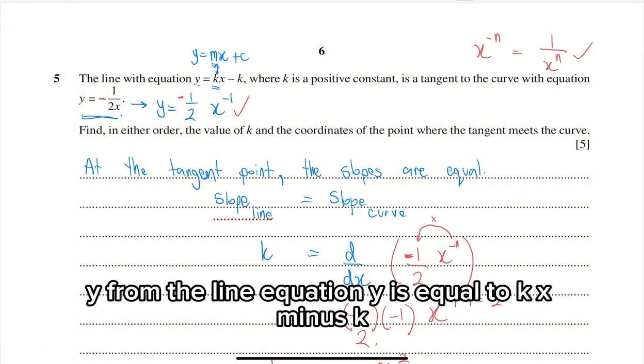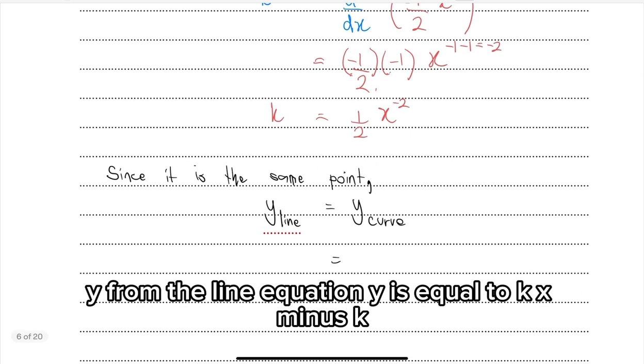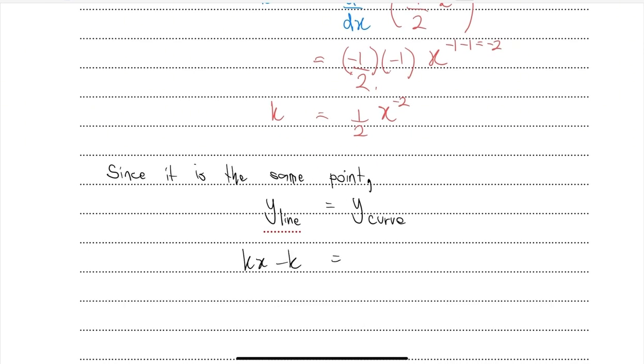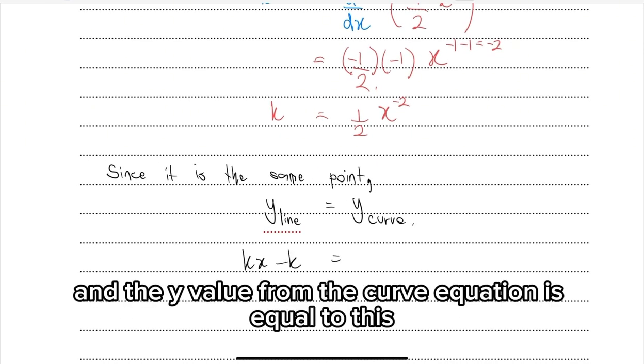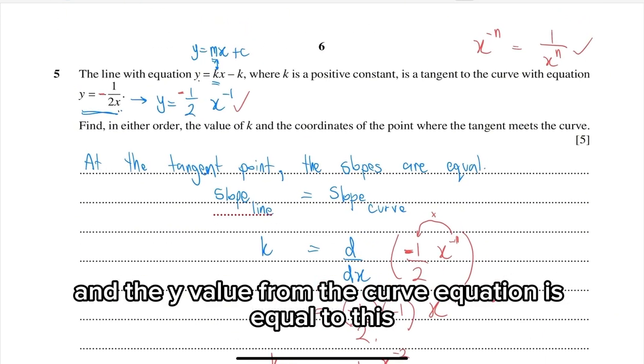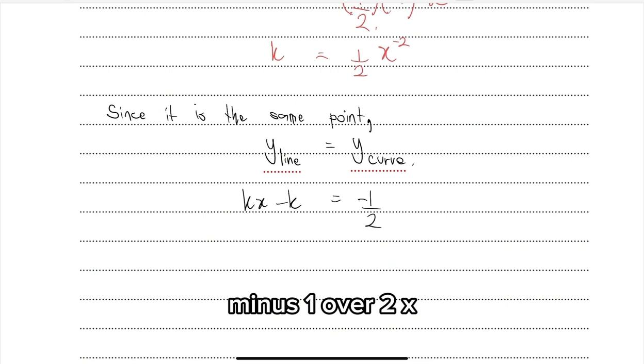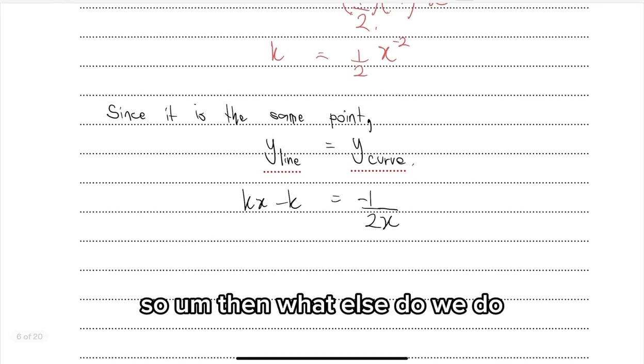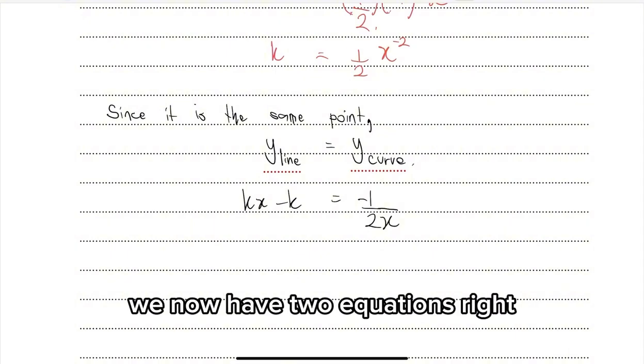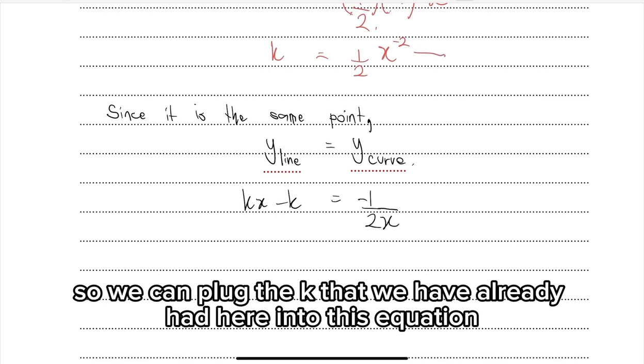Y from the line equation is y equals kx minus k. And the y value from the curve equation is equal to minus 1 over 2x. We now have two equations, right? So we can plug the k that we already have into this equation.